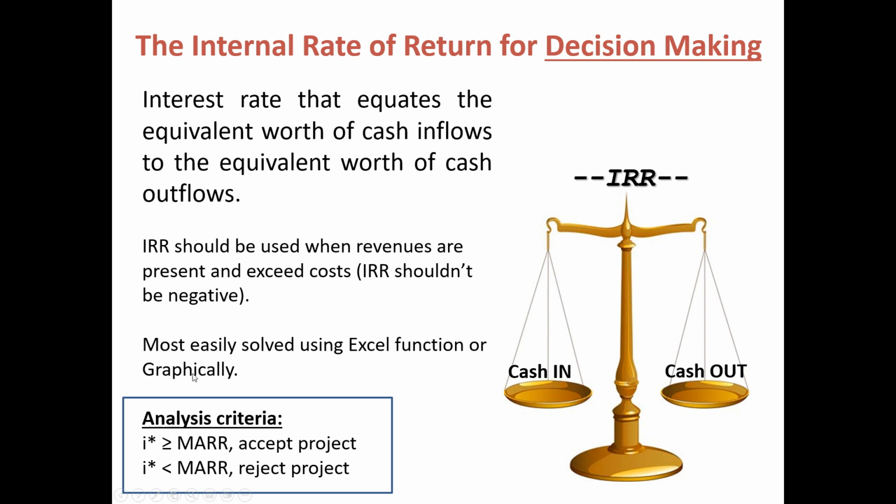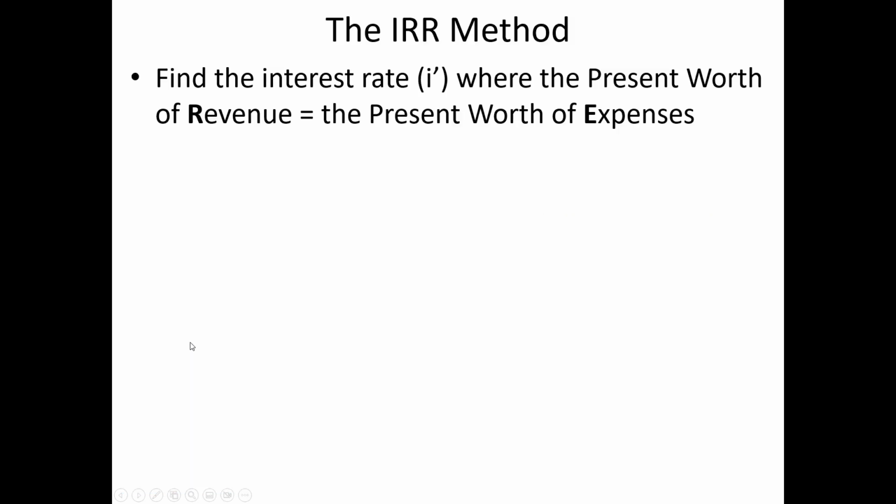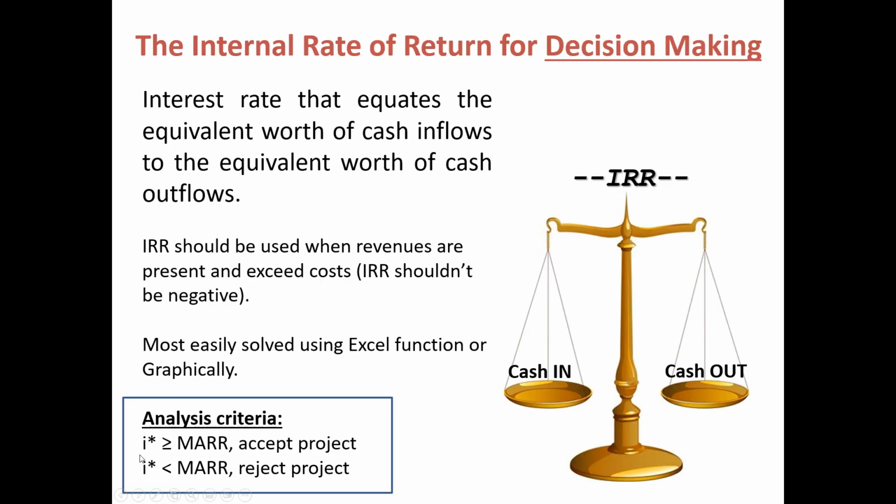That's pretty straightforward criteria, but there's a warning that comes with it. We can use this internal rate of return to give a thumbs up or a thumbs down for a project, but we can't rank projects by their internal rates of return. I'll show you a proof of that in a later class, but you don't know which project is best by internal rate of return analysis. You only know if it's acceptable.